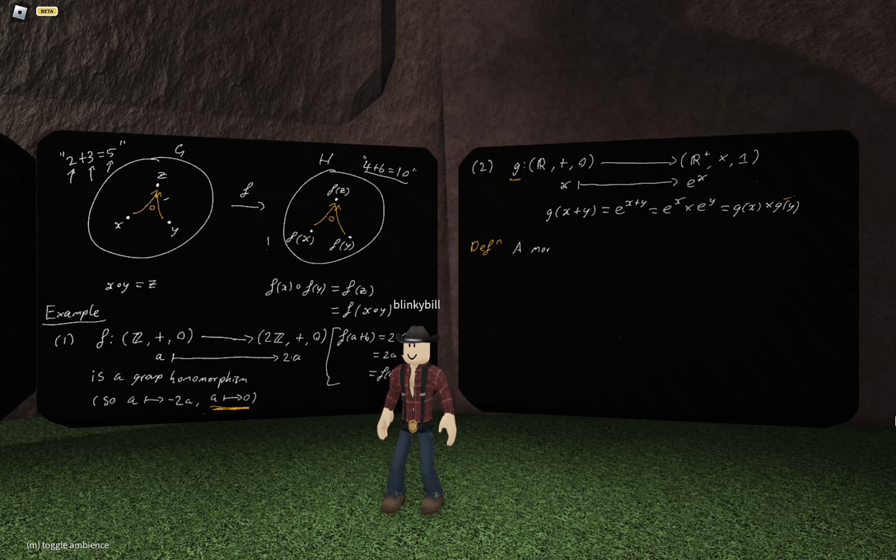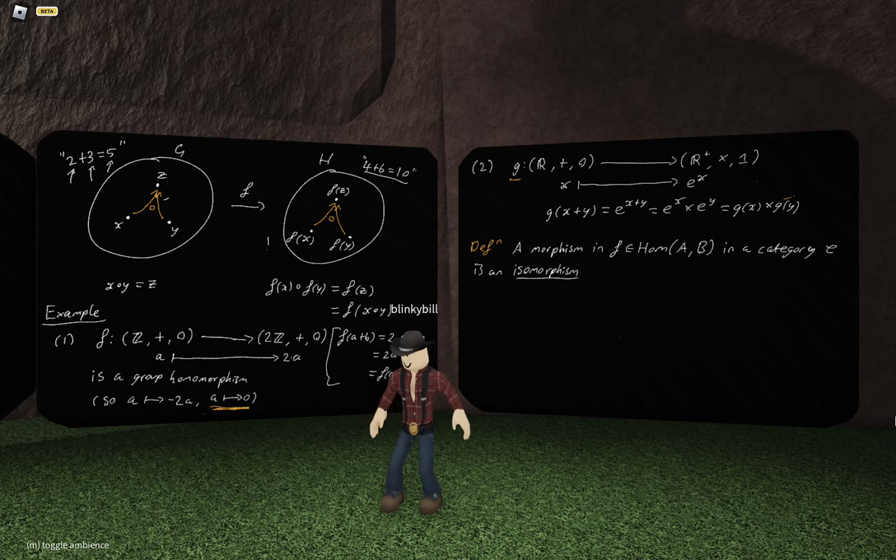A morphism F from some object A to B. Actually, I should write this as being in the Hom set of morphisms from A to B, in a category C. It is an isomorphism if and only if there exists a morphism G from B to A satisfying two rules.